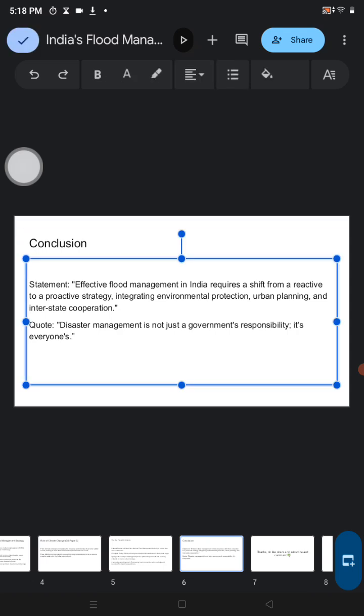In conclusion, effective flood management in India requires a shift from a reactive to a proactive strategy.